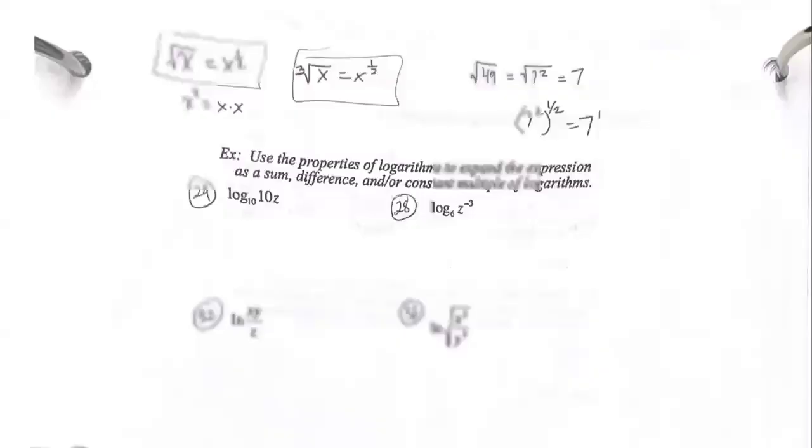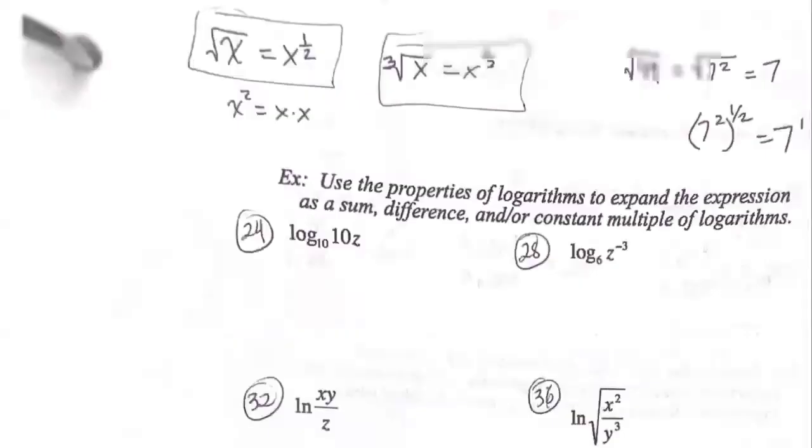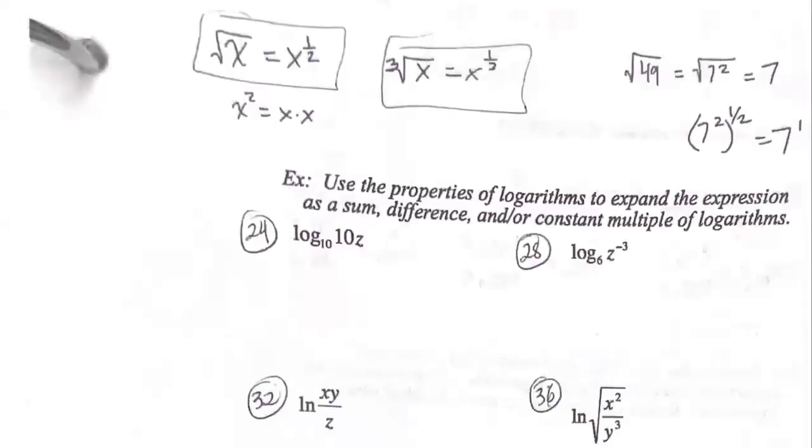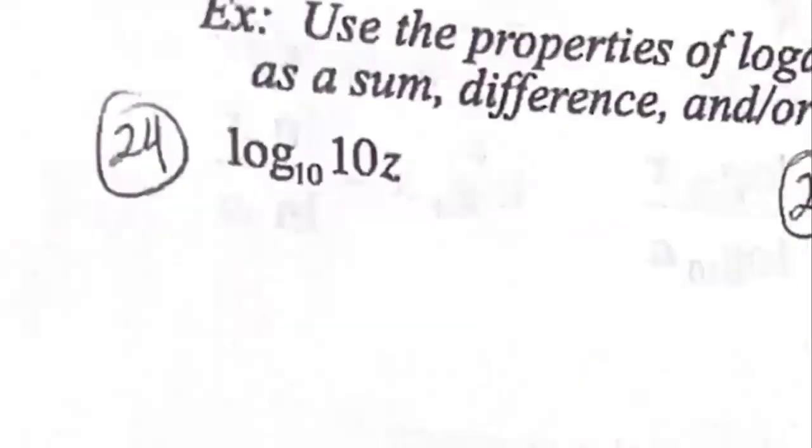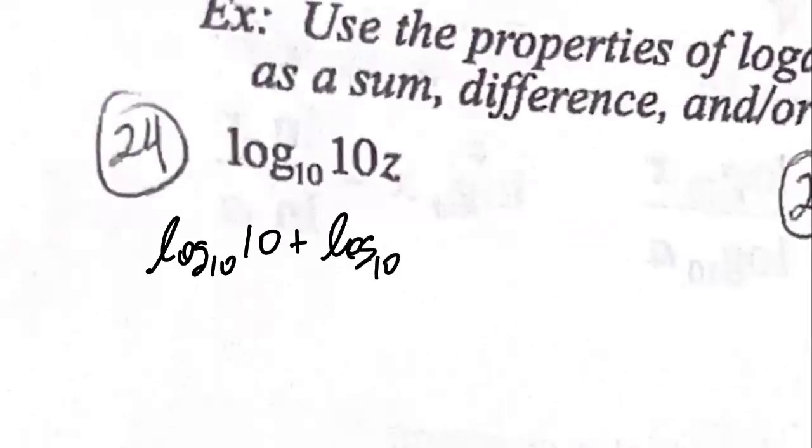For number 10, use the properties of logarithms to expand the expression as a sum, difference, and or constant multiple of logarithms. So log base 10 of 10 plus log base 10 of z, because we can break apart the variable from the constant.